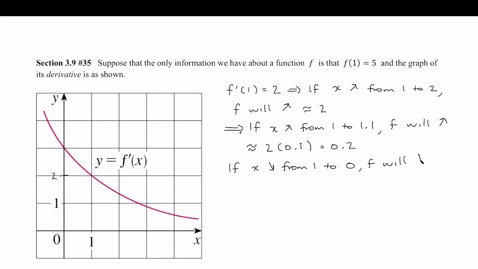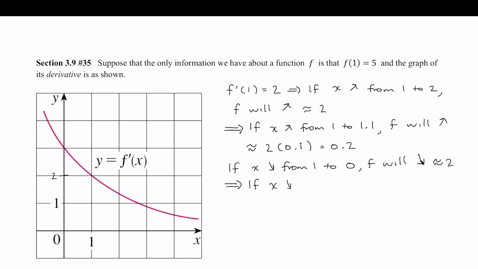And similarly, if x decreases from 1 to 0, if we go in the other direction, if we move to the left on the function, then f will decrease by about 2, according to this derivative value. The derivative is the approximate change in the function when x increases by 1.